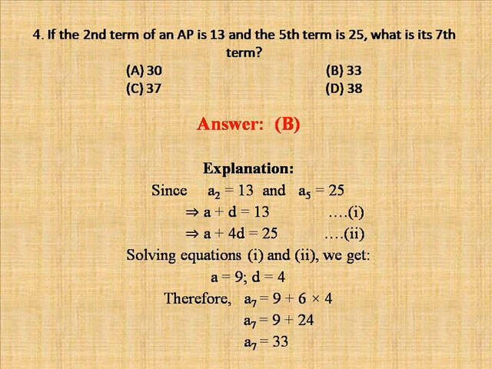You have second term a2 is 13, fifth term a5 is 25. So a plus d equals 13 from a2, first equation. a plus 4d equals 25, that is second equation. Now you know the elimination method, and by solving the equations, you are getting a and d as 9 and 4. Now find the 7th term, that is a7. So you are getting answer is 33. So option B, 33 is the answer.